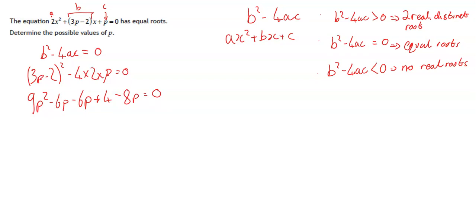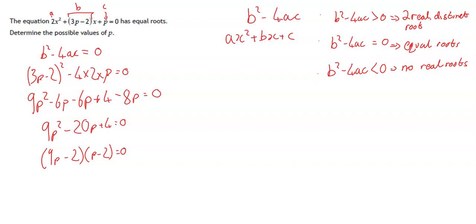If I group all the bits of that together that are the same, what I end up getting is 9p squared, take away 20p, plus 4 equal to 0. Now remember, solving a quadratic at this stage, get it equal to 0, factorise, see what we get. Well, if I factorise that, what I end up getting is (9p minus 2)(p minus 2) equals 0.